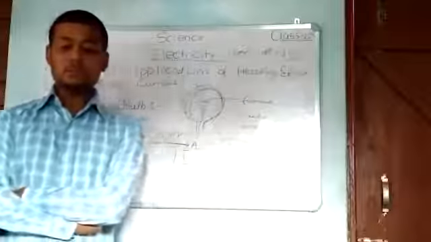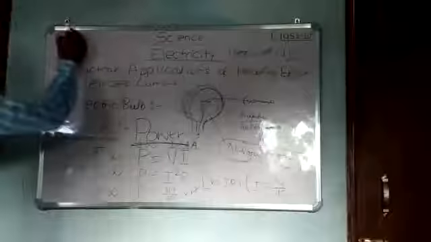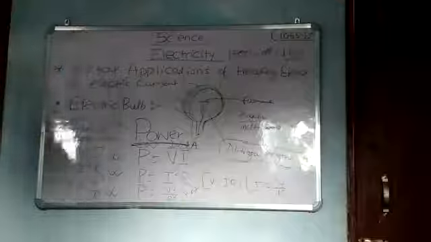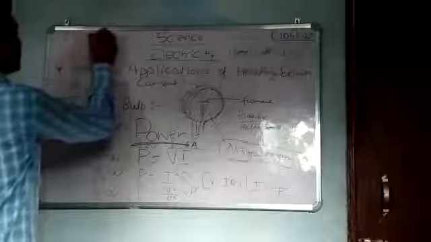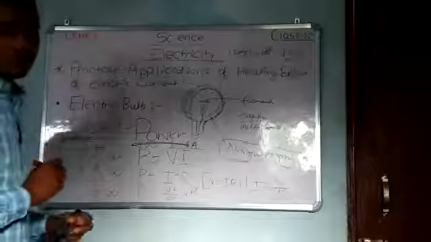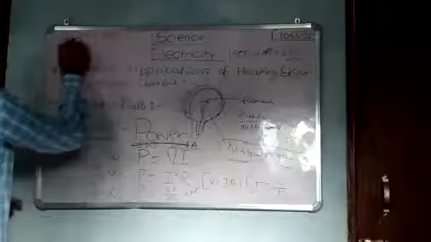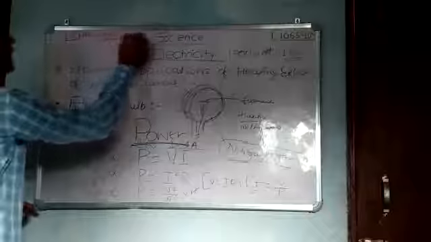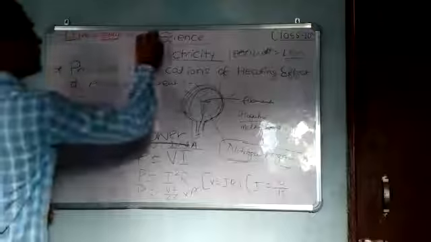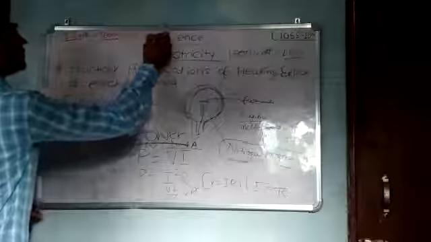Okay, so we have to see the relationship between joule, watt hour and watt second. Just look, 1 kilowatt hour is equal to 1000 watt into hour, which is equal to 3600 seconds.